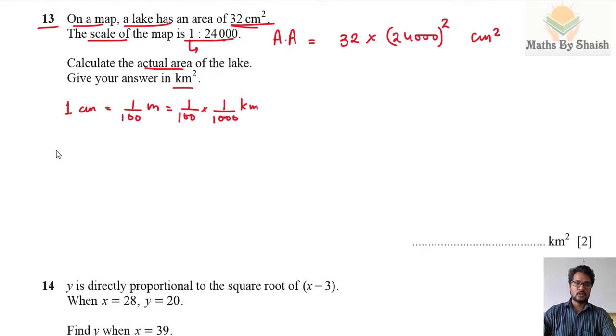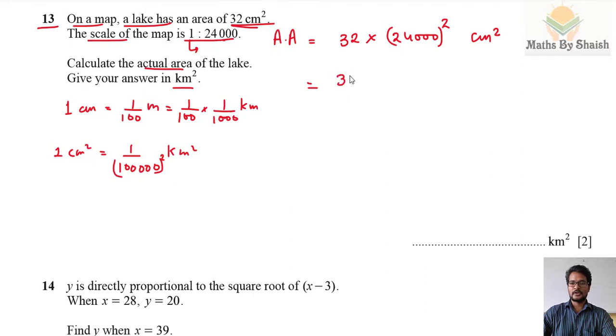So if we take the square, 1 centimeter square is the same as 1 over 10 to the power 5, squared, kilometers square. So 1 centimeter square is this many kilometers square.